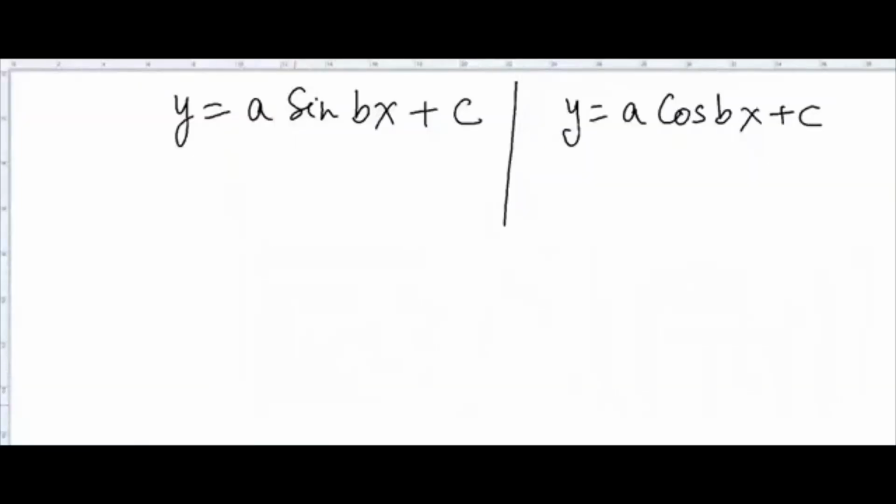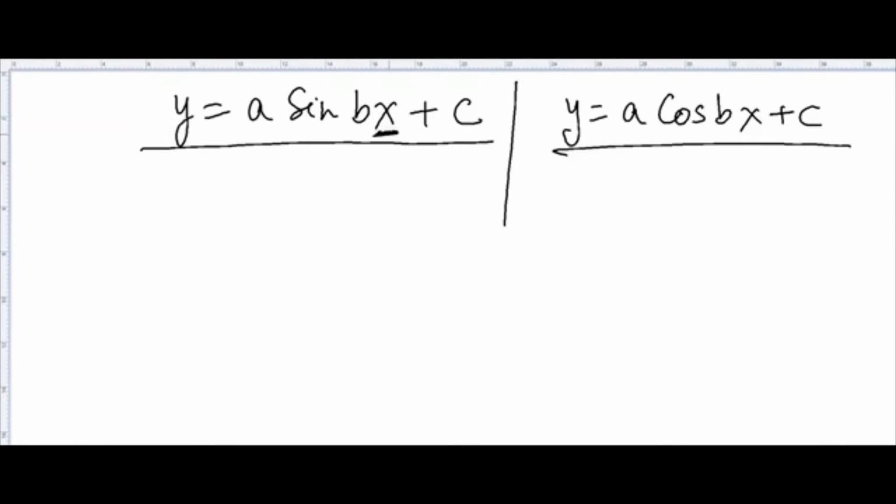By now we know how the graphs of sine theta and cos theta look like. Now in real life, hardly will we see that only sine theta and cos theta are used as a function. Usually we will see, most of the times, an equation like this or this. There will be something in front of theta.